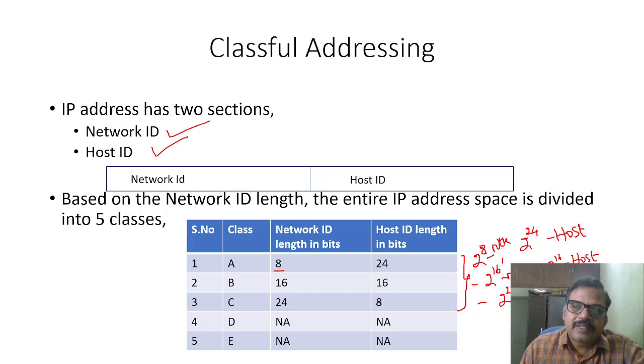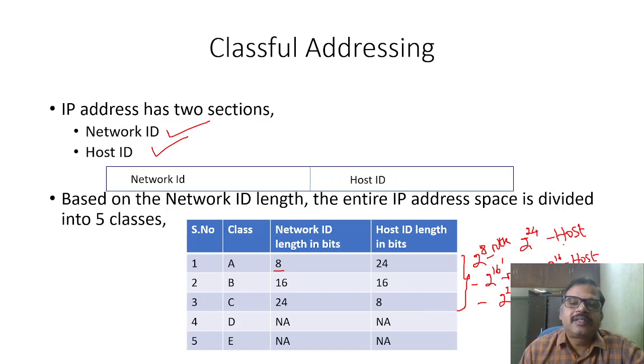So which class can represent the most networks? Obviously class C. 2 power 24 different networks can be represented, so different network addresses will be there. And each network can accommodate 2 power 8 hosts, so 256 computers can be part of each network in class C. Class A can represent only a limited number of networks, 2 power 8, which is the lowest compared with other classes.